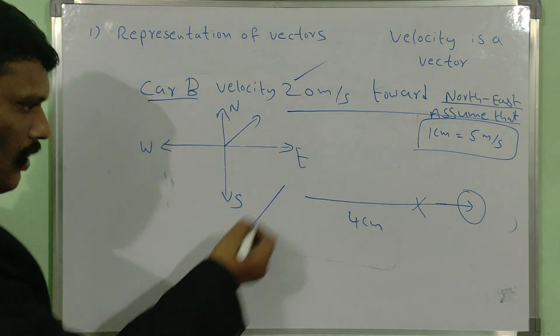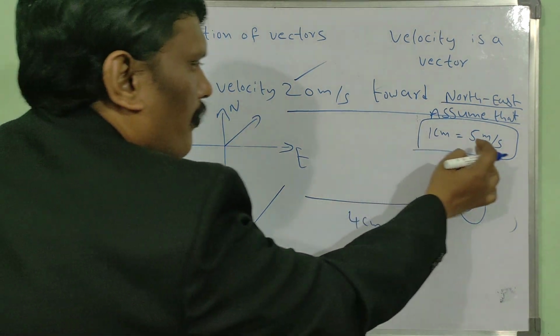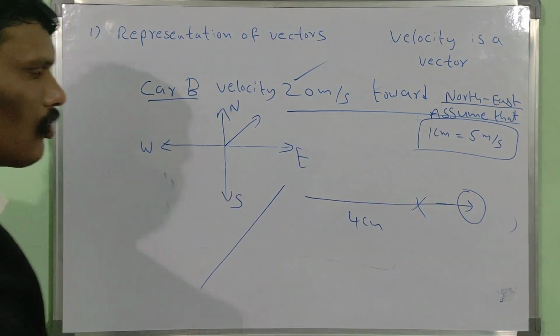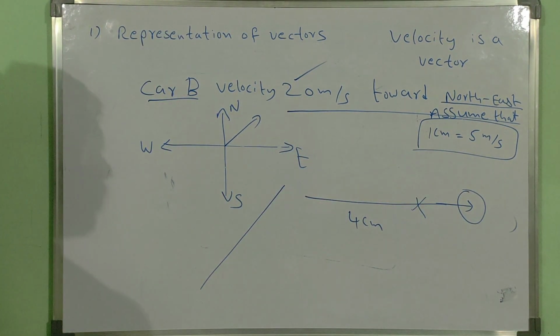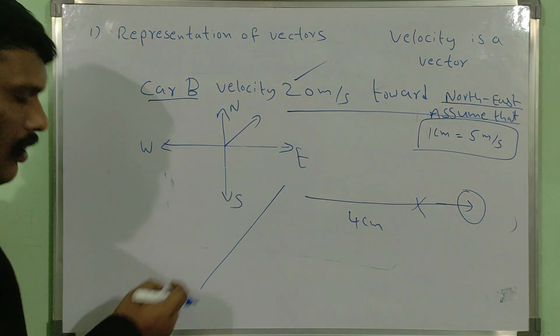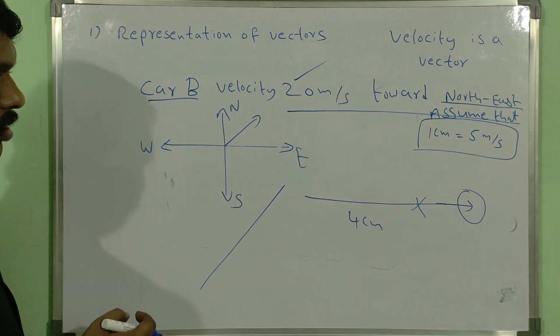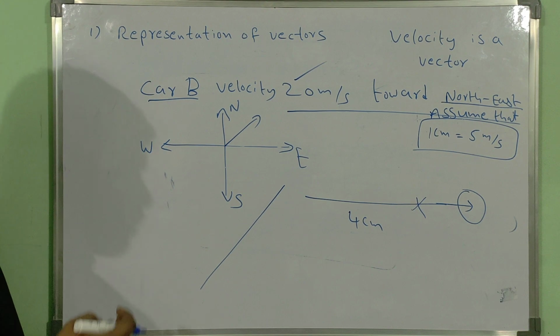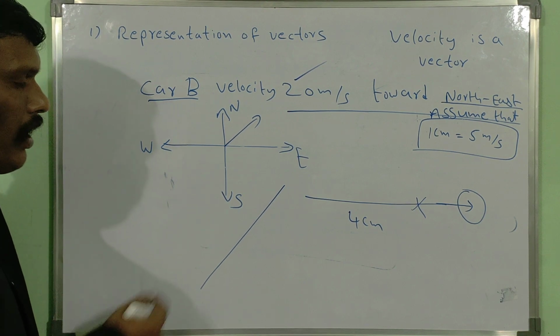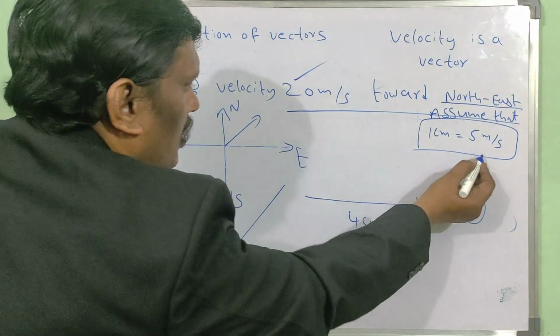Now, with the scale of 1 centimeter equal to 5 meters per second, for 20 meters per second, what is the length of the velocity vector I require? To represent the velocity vector with a graphical representation of an arrow, I assume 1 centimeter is 5 meters per second.